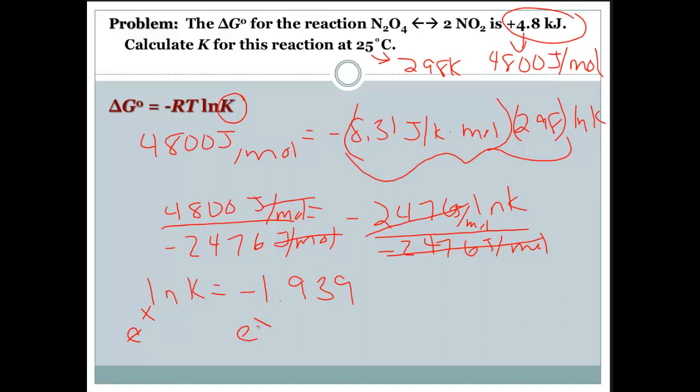The natural log cancels out on the left-hand side, and we're going to take e to the x of negative 1.939. That gives us a K equal to 0.1439. Now, at the very start of this, I pointed out the fact that the delta G is positive, so therefore it's not spontaneous. You'll notice that K is less than 1, also indicating that it's not spontaneous.